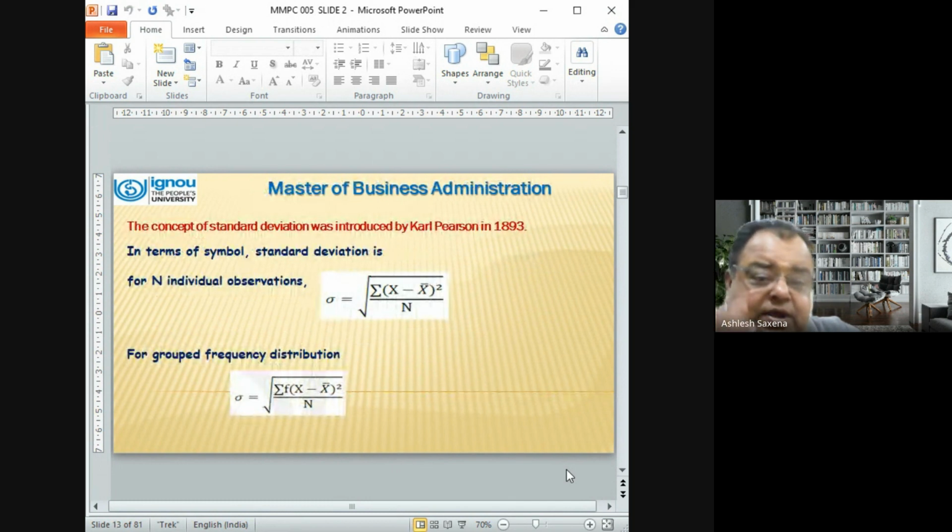Now, initially we will start with how to calculate standard deviation from the data. This again depends upon the nature of the data. This concept of standard deviation was introduced by Karl Pearson way back in 1893.